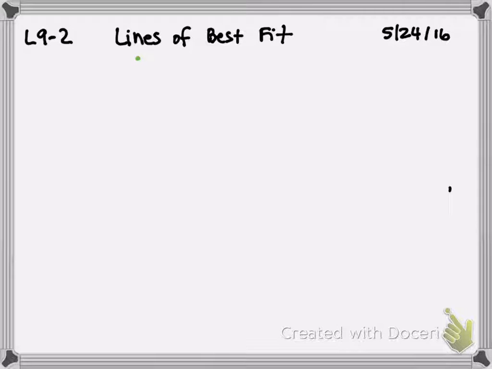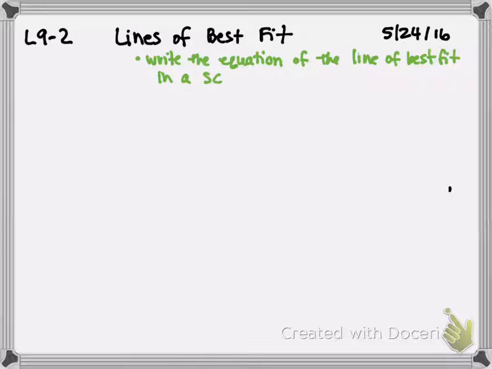We're going to write the equation of the line of best fit in a scatter plot. So this goes together with scatter plots, hence the reason why we did scatter plots yesterday.